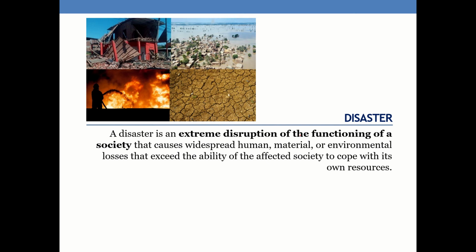So what is disaster? There are different components of disaster that we need to understand. From a theoretical point of view, a disaster is an extreme disruption of the functioning of society that causes widespread human, material and environmental loss that exceeds the ability of the affected society to cope with using its own resources.